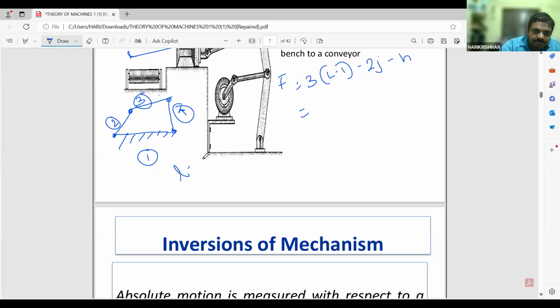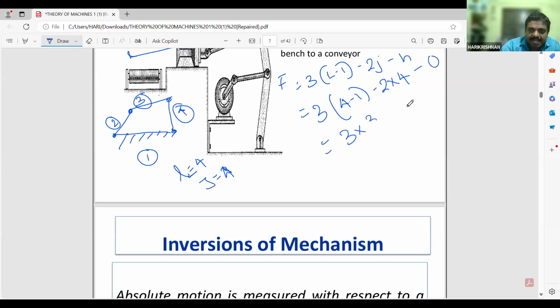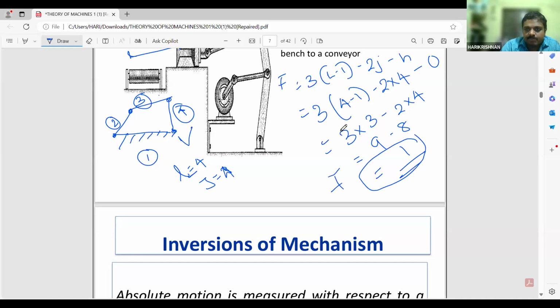So the number of links is 4 and the number of joints is 4. So 3 into (4 - 1) minus 2 into 4. There is no higher pair, so it is 0. So 3 into 3 minus 2 into 4, which is 9 minus 8. So it becomes 1. The simplest form of mechanism is a 4-bar mechanism because it has degree of freedom 1. For a system to be a mechanism, it should have 4 bars.